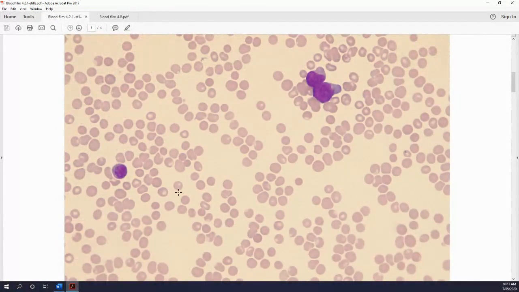Okay, so what I'd like you to do, as usual, is to have a look at these two films and see what you can see. They've both got their diffs there to guide you. So basically in each of the films, all of the cells that you're going to see are blasts, and just have a really good look at those blasts and practice.